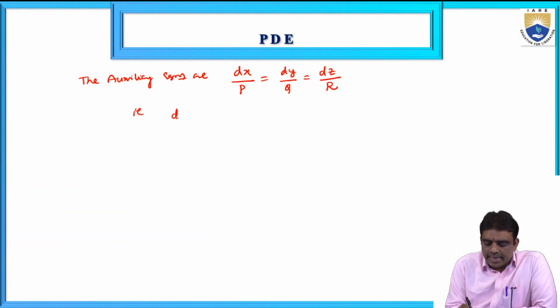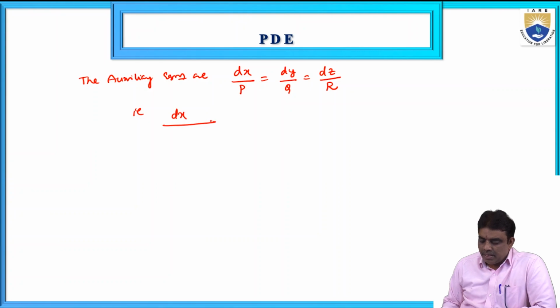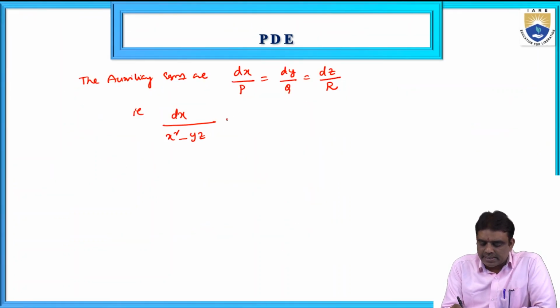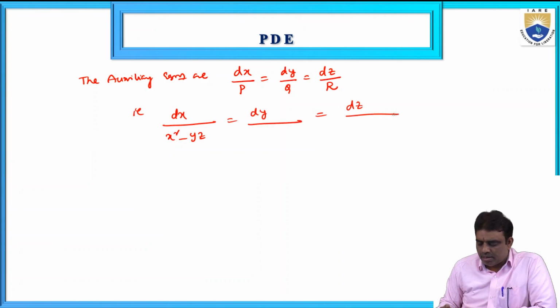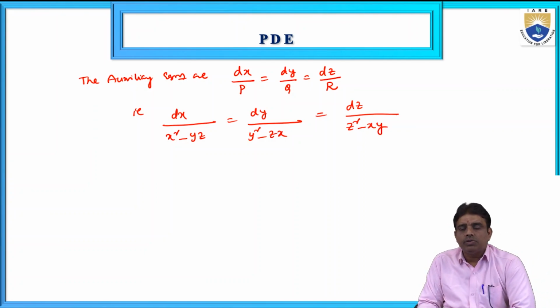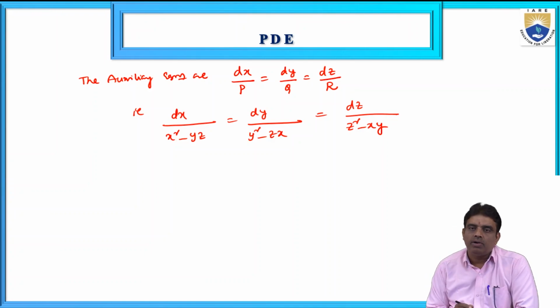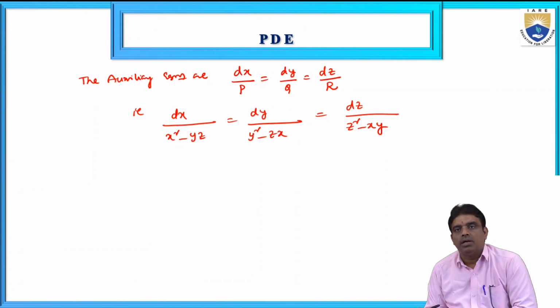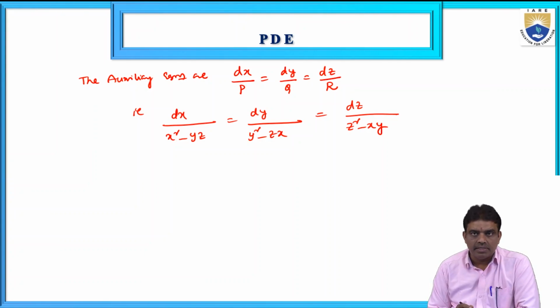That is dx/(x² minus yz), and dy/Q is equal to dz/R, what is Q here? y² minus zx, and R is z² minus xy. This is called the auxiliary equations, and from this we have to find two independent solutions. Thereafter we have to find the complete solution or general solution of the given differential equation.